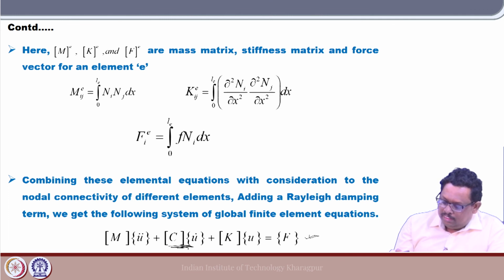Normally we take the damping matrix as a combination of the mass matrix and the stiffness matrix, so you can take the C matrix as alpha into m plus beta into k.